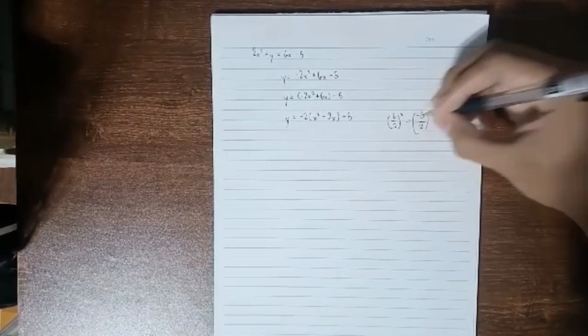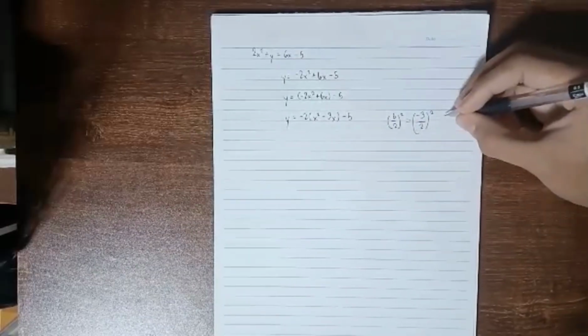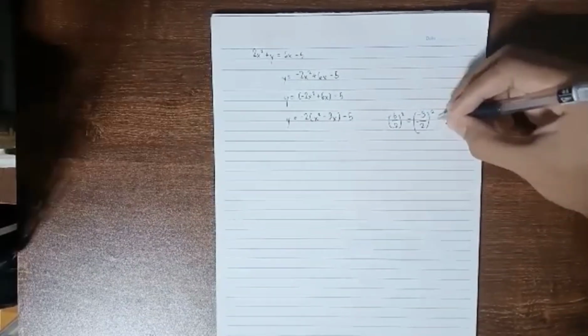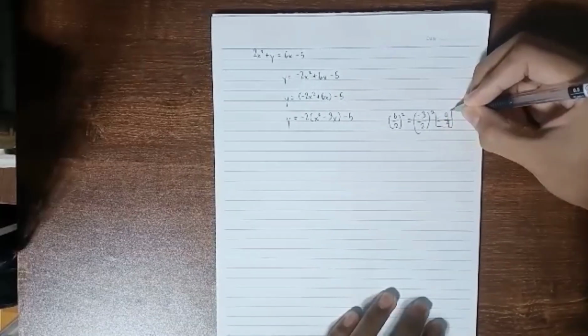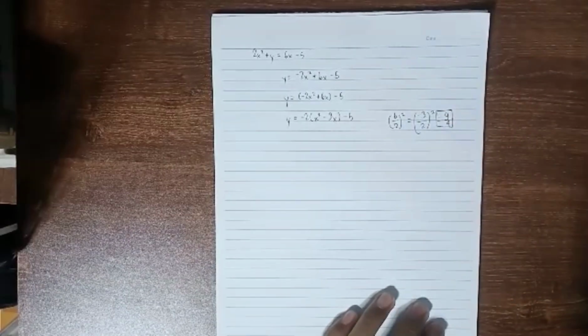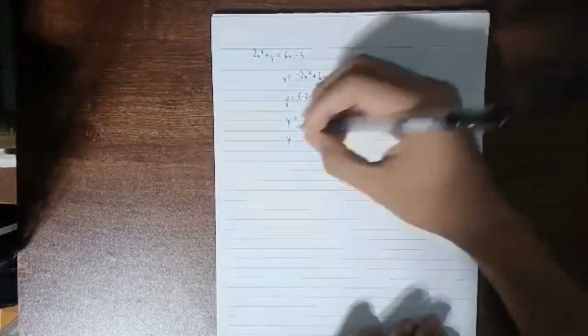Now square it, which turns into 9 over 4. So this is our final answer for b over 2 squared. So let's add 9 over 4.